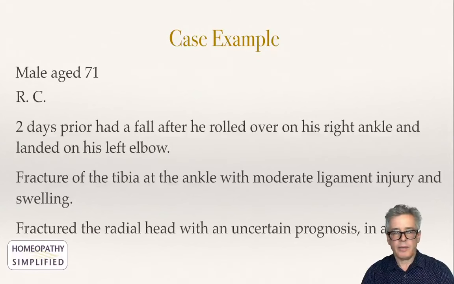A man aged 71 came to see me 2 days after a fall. He rolled on his ankle, landed on his left elbow. He had a scan and was diagnosed with a fracture at the ankle on the tibia, and then lots of ligament strain. But the biggest injury was the fractured radial head of his elbow.